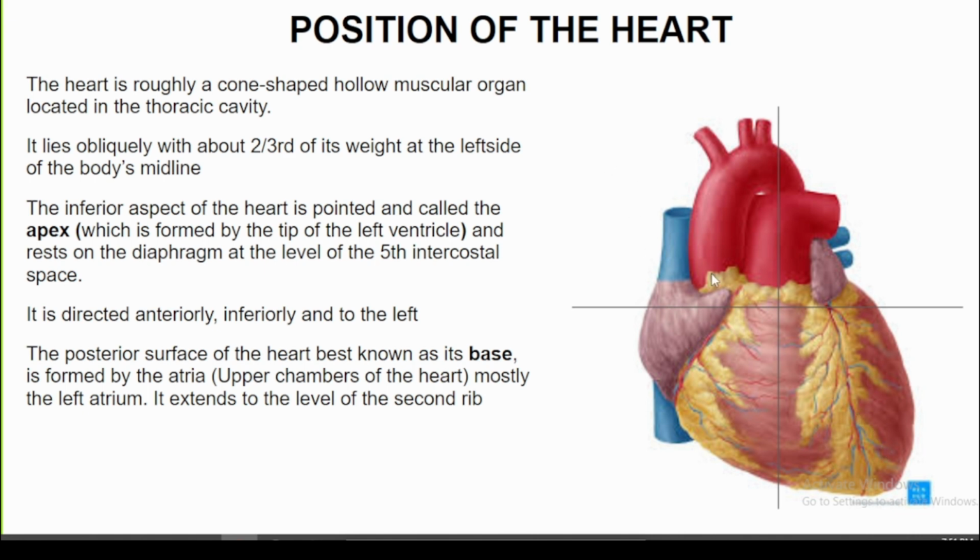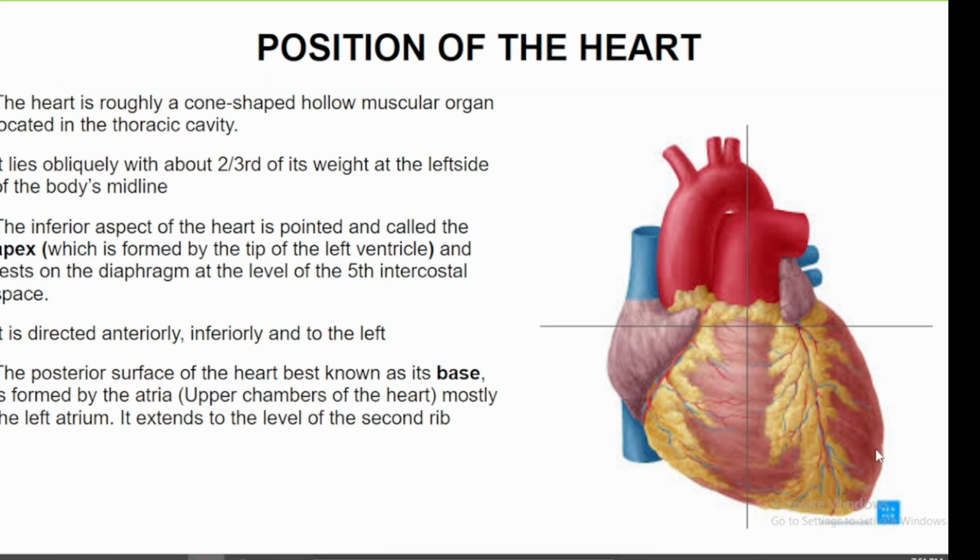You understand? So it lies obliquely with about 2/3 of its weight at the left side. Most of the weight is at the left side, so it is slightly shifted to the left, as you can see.